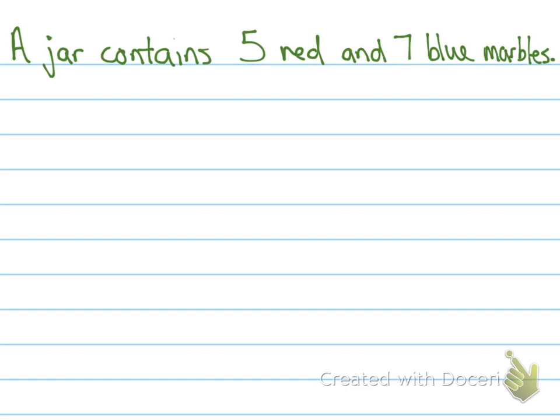It says a jar contains 5 red and 7 blue marbles. You choose a marble and then replace it. That's the important part that tells you whether or not it's independent or dependent. You randomly choose a marble, so you're not looking.